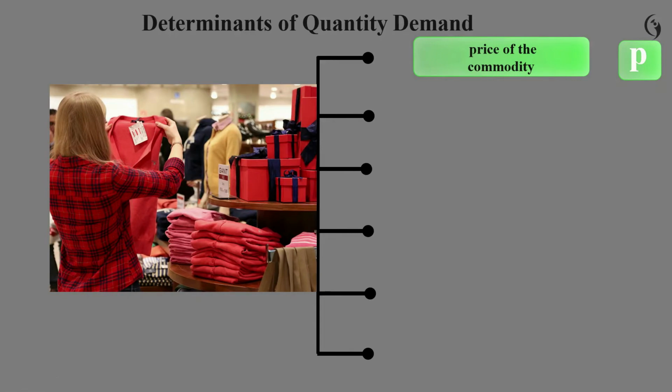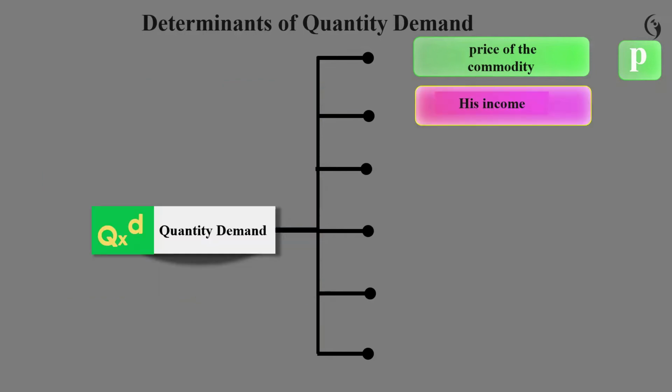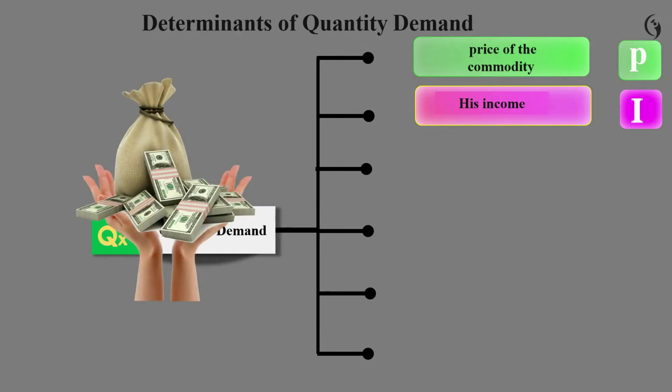Every person should consider the price of a commodity before buying goods. The other determinant is the income of the consumer, which we denote by the letter I, that means income. The income of the consumer is another important factor which determines the quantity demanded.